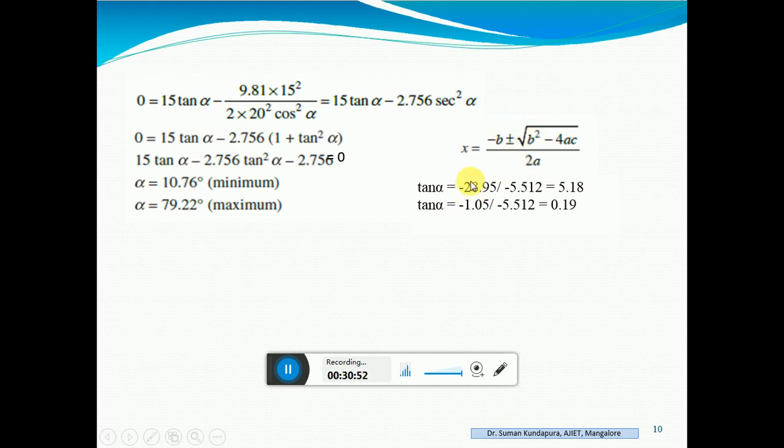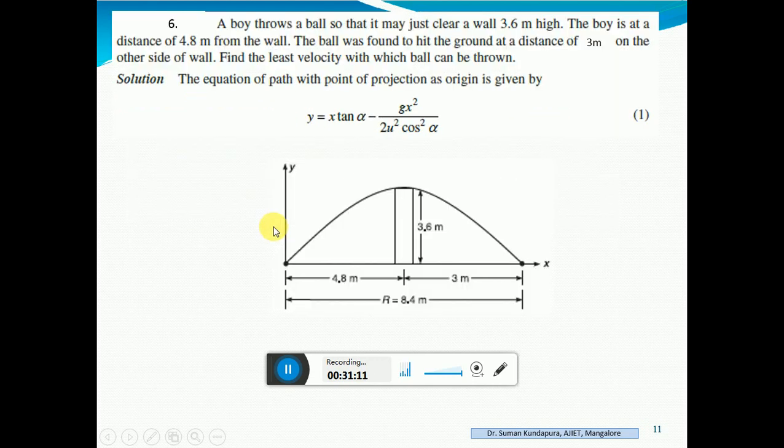Substituting these terms you will get two values because there is plus or minus here. When you simplify, one is 5.18, one more you will get is 0.19. You find out alpha of this one, you will get the minimum, and the other one you will get as the maximum.